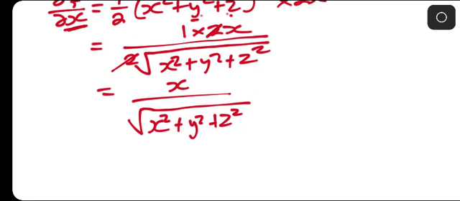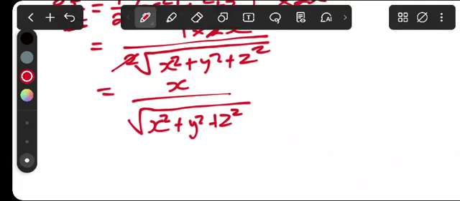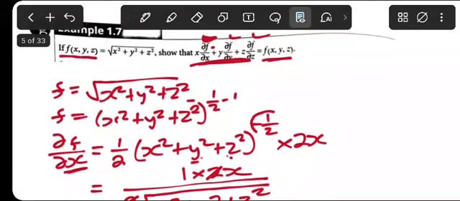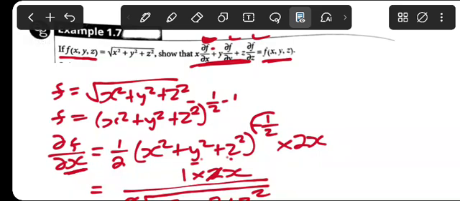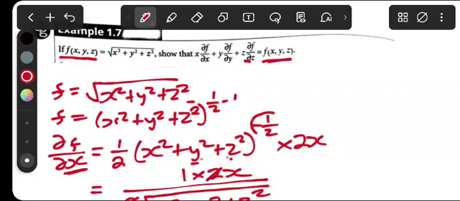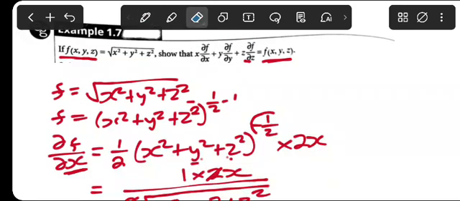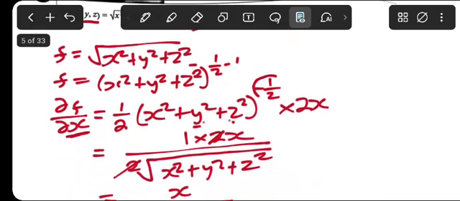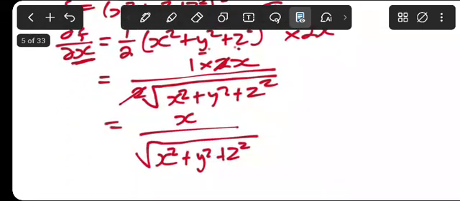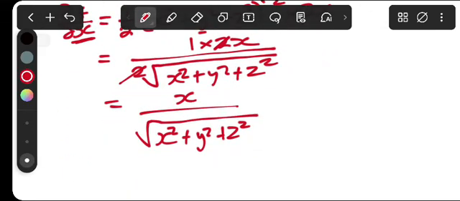Anyway, if we continue, since we have this, if I take the derivative of f with respect to y, we still get the same thing, but now something will change: on the bottom we'll have y.